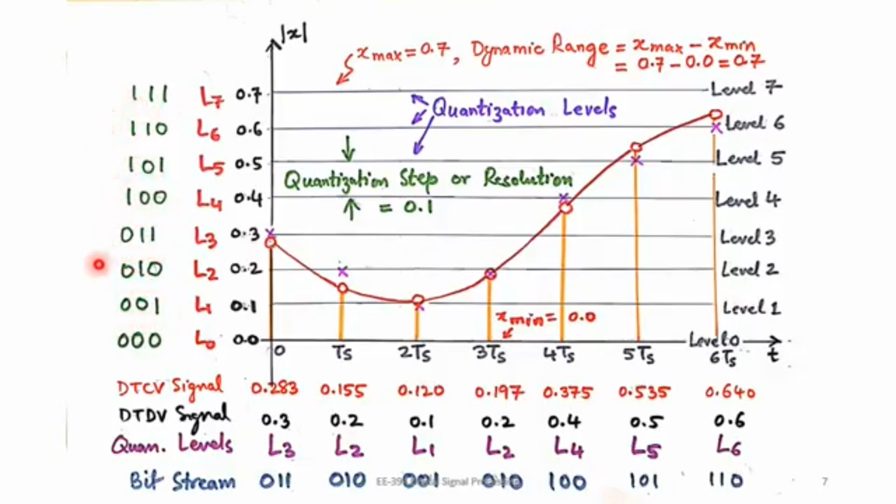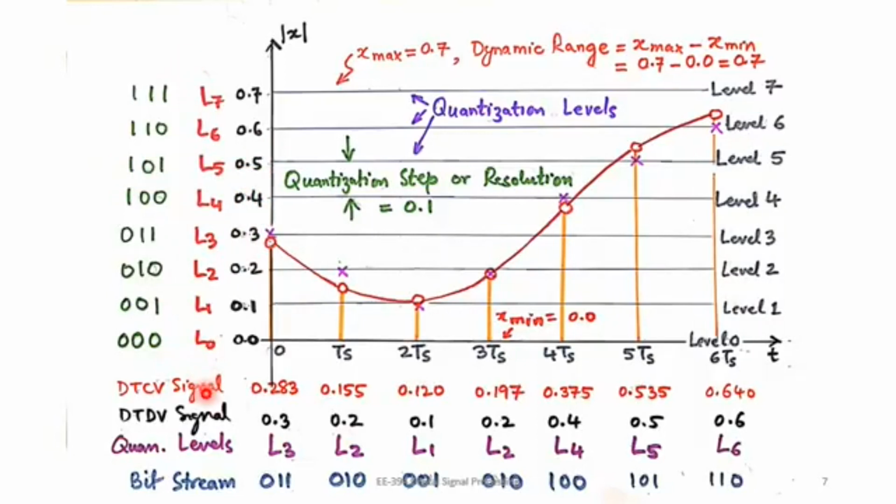So these are sort of binary addresses which we assign to these levels. And essentially, these have nothing to do with the values of these levels, 0.3, 0.4, 0.5. They are not really associated with them. These are the addresses for these levels.